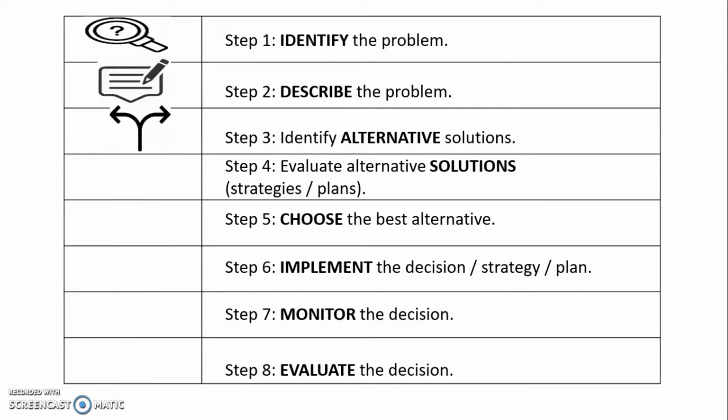For step 3, we have 2 diverging arrows to represent different paths. So this will represent different solutions that a business or individual can take. For step 4, we have somebody navigating a different path and analyzing which ones are good and which ones are not, in the same way that you would evaluate different solutions.